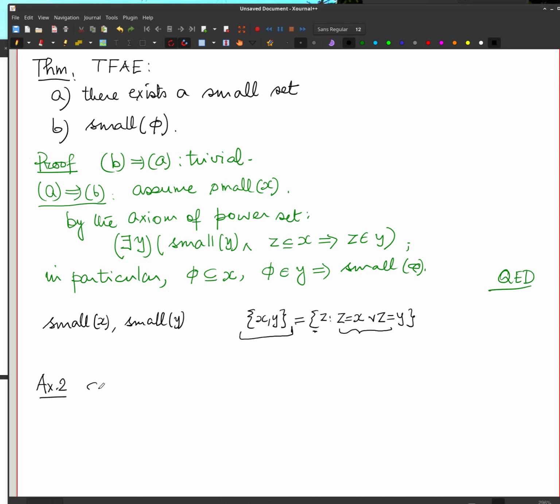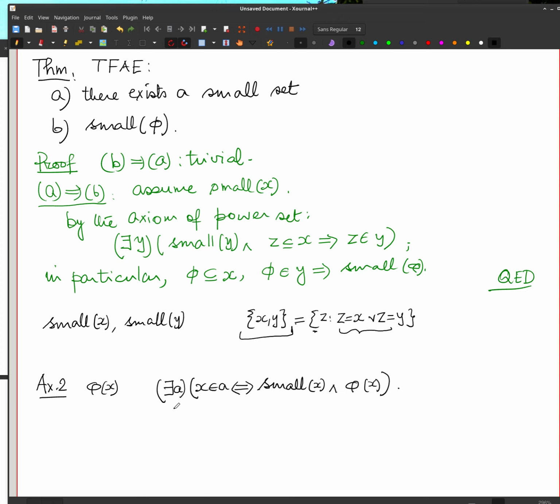It says that phi x is a formula in which x appears as a free variable, and it is not involving the set A. So you are saying that there exists a set A such that x belongs to A if and only if x is a small set and phi x is true. Right?